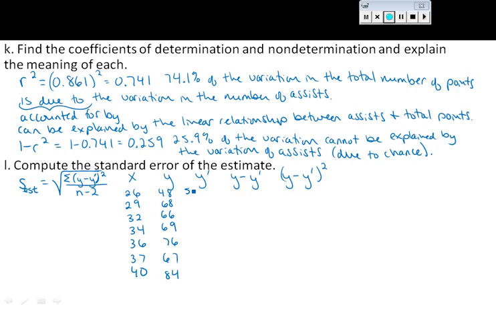So if you don't have the information in your calculator, you can copy what I have here. I chose to round to the nearest hundredth just to be a little more precise.